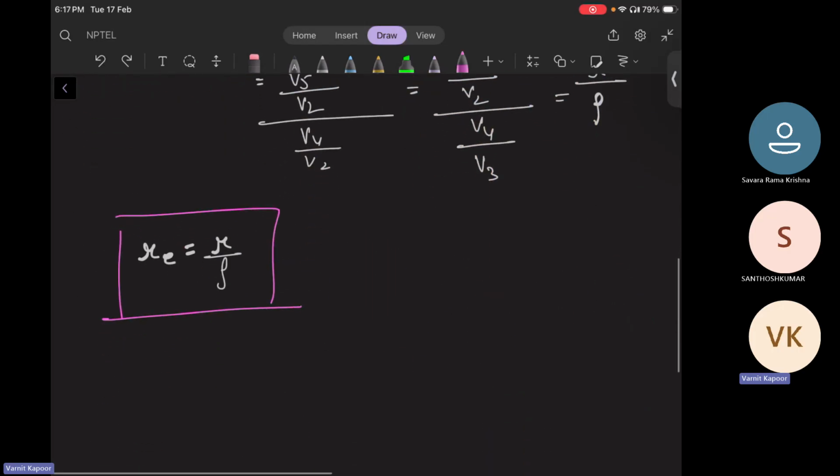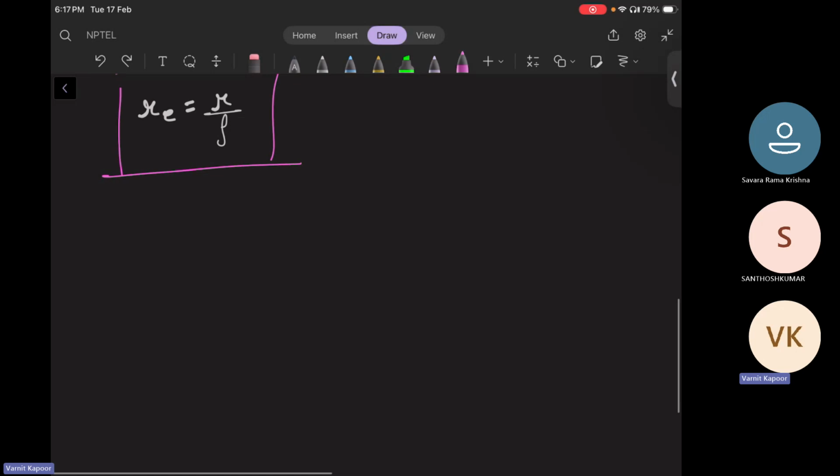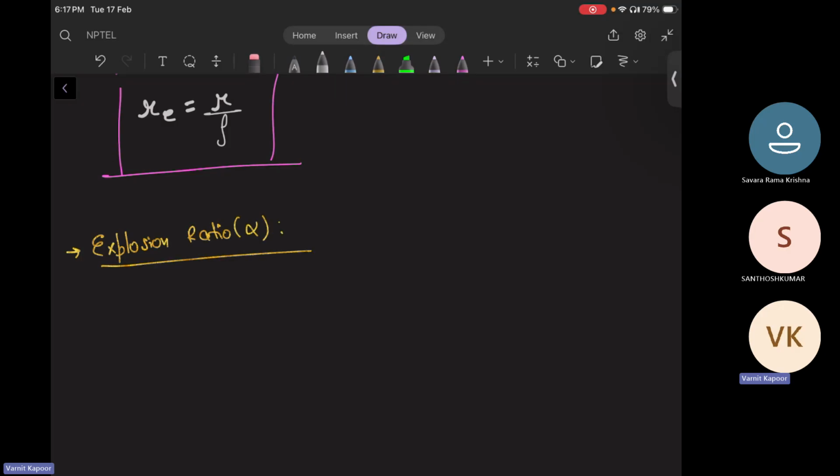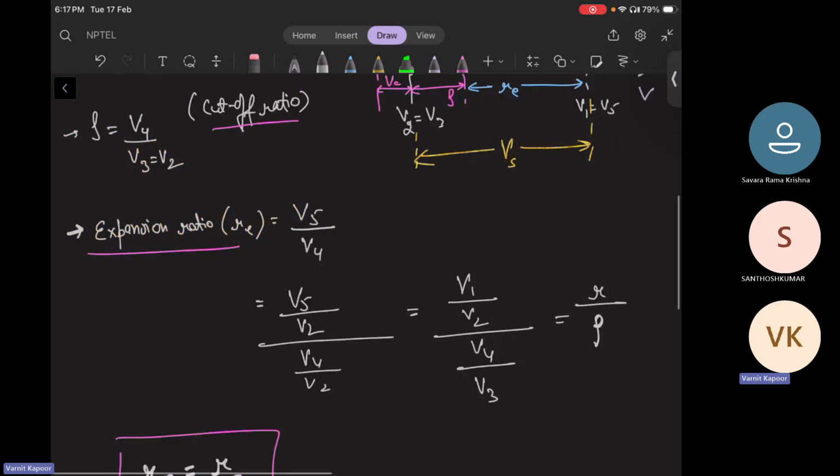Any process ratio is higher to lower. So alpha, your explosion ratio, is higher pressure to lower pressure, P3 by P2. And P3 is nothing but your maximum pressure in the cycle, P max by P2. I hope this much is clear.